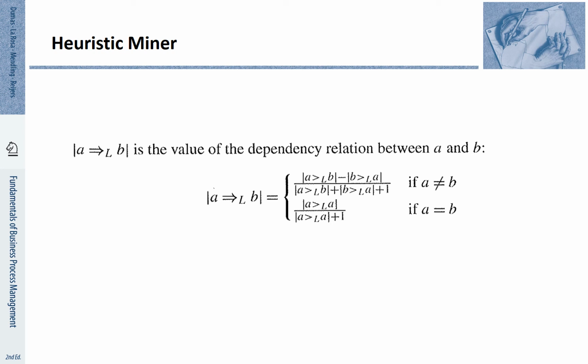It is the number of times that A is followed by B minus the number of times that B is followed by A, subdivided by the number of times that A is followed by B plus the number of times B followed by A plus 1, in order to avoid to subdivide by 0. If A and B are the same activities, and this is the diagonal of the matrix that we need to consider, we subdivide A followed by A by A followed by A plus 1.